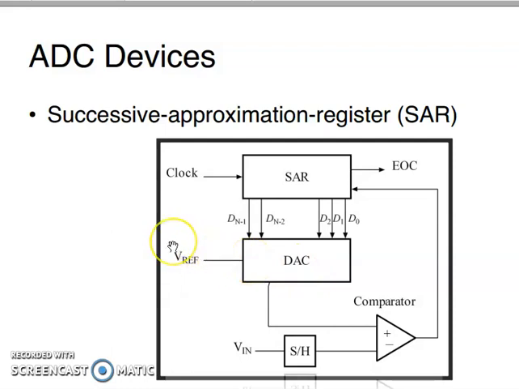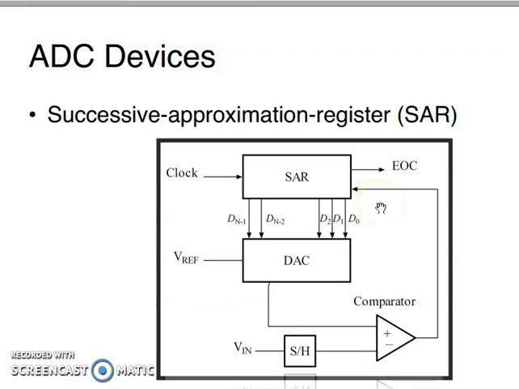This is usually fixed by the system or circuit designer, by ourselves. If we use the LPC1768, the voltage reference for this circuit is 3.3 volt, and this clock is the clock of our microcontroller. This is how it looks inside the ADC module for the LPC1768 microcontroller.